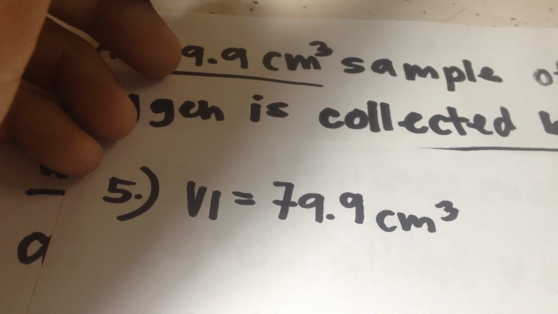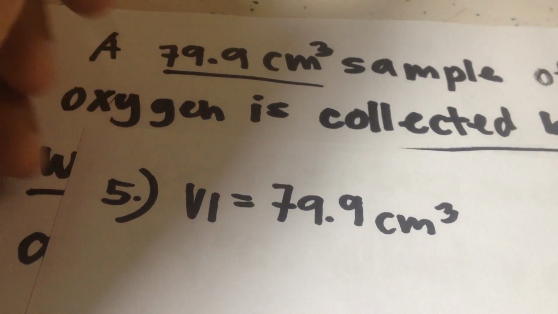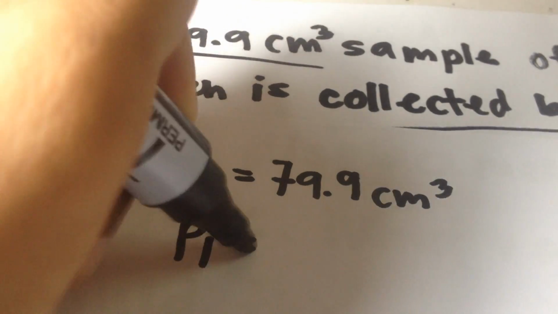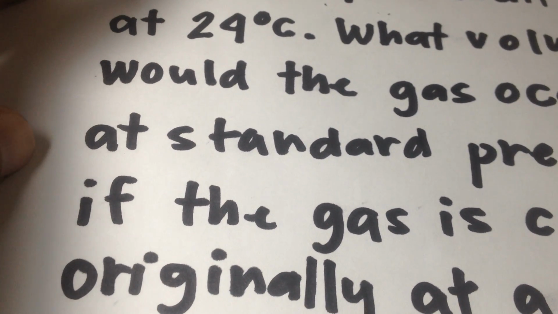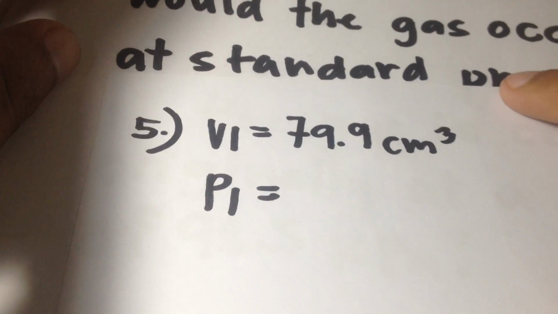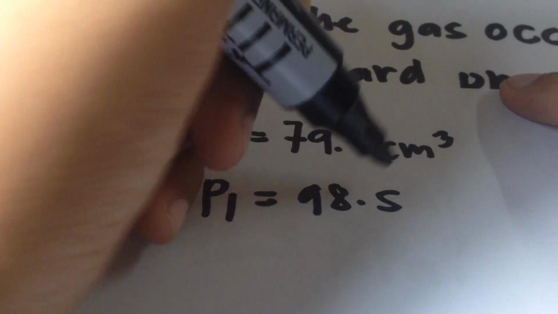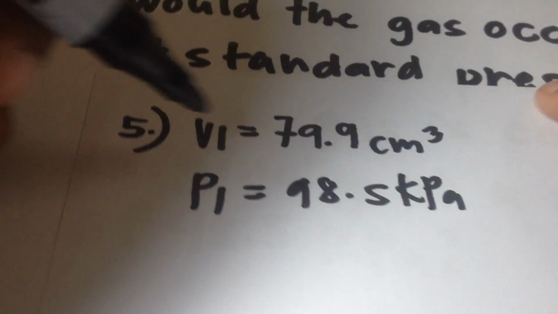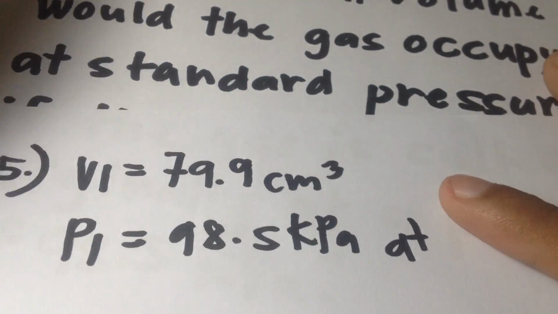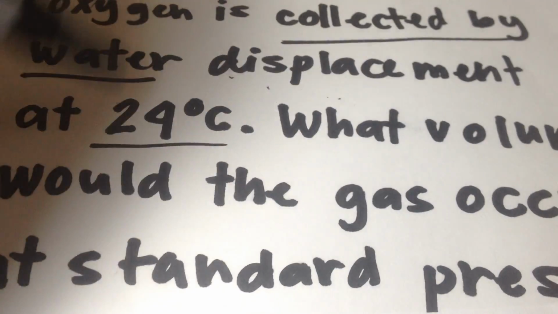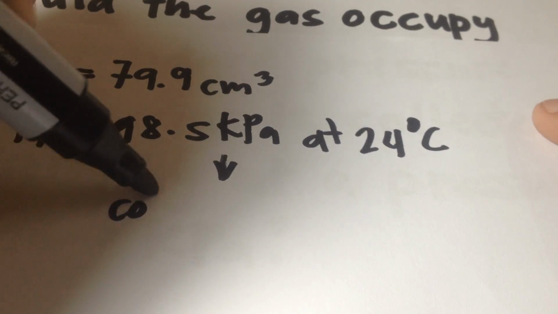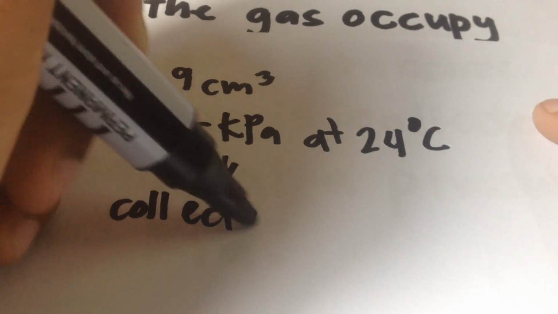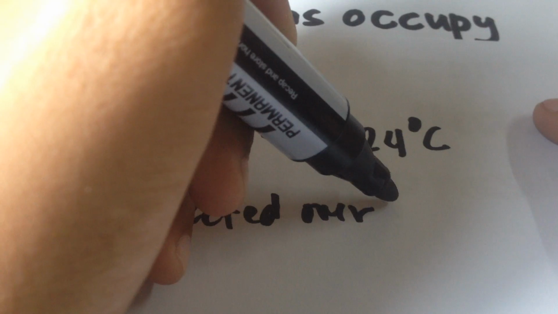And the pressure 1 is 98.5 kilopascal at a temperature of 24 degrees Celsius. This is collected over water.